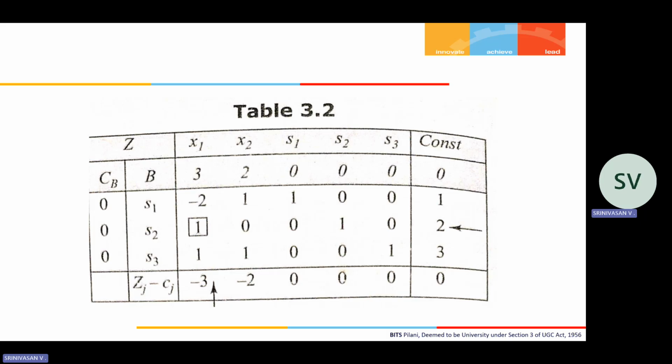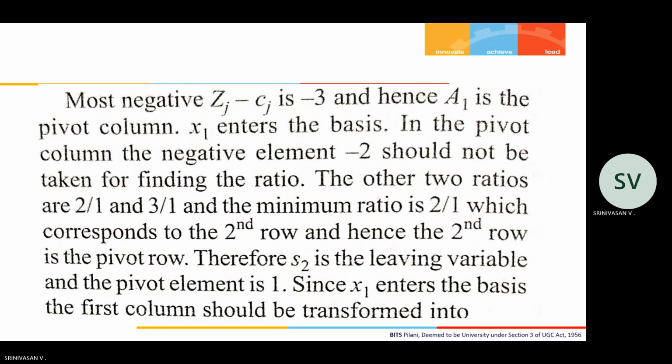But of the three basic variables, which is to go out is decided by the corresponding row. Here, the pivot row corresponds to S2. So S2 will go out, and in that place x1 will come with its corresponding coefficient 3. Okay, right.